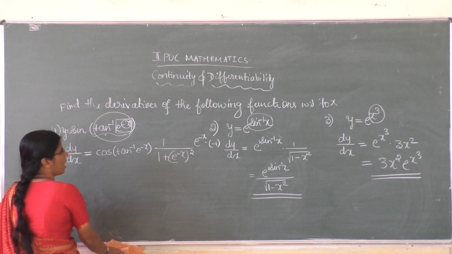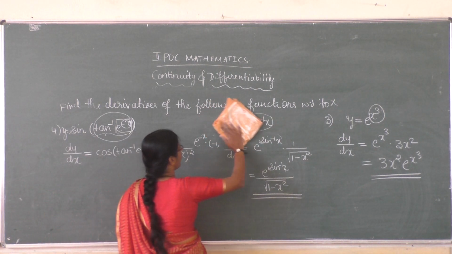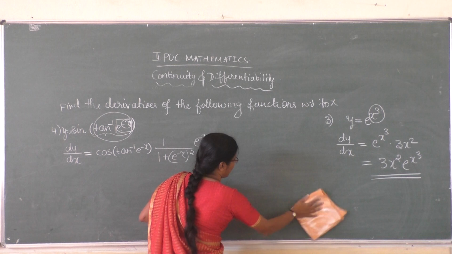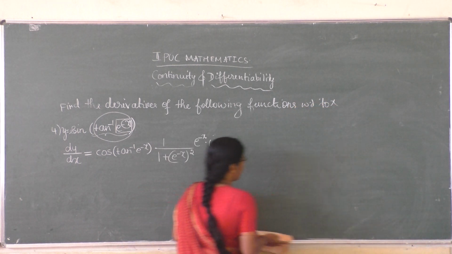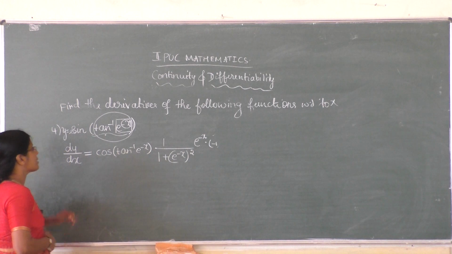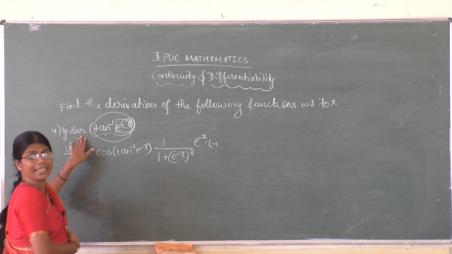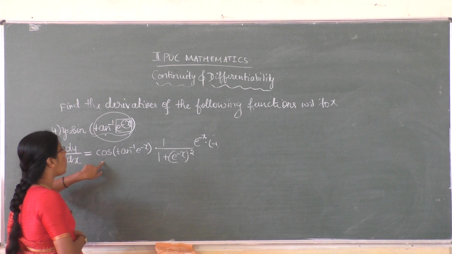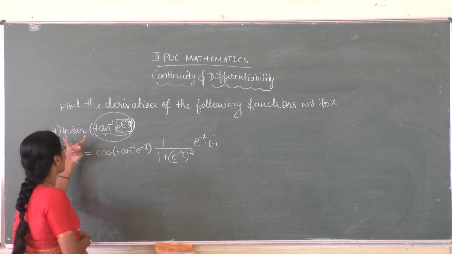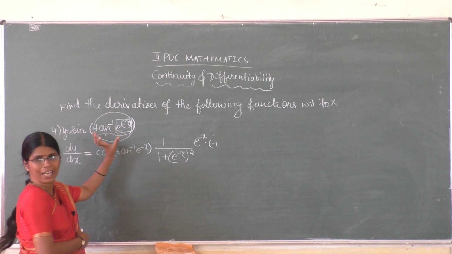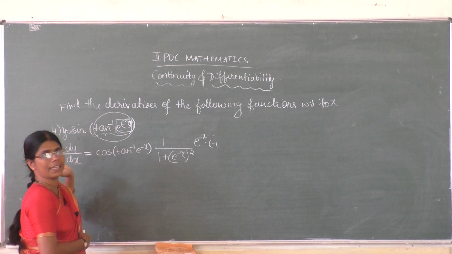So this is how we applied the chain rule, okay. Properly try to understand this, chain rule. So first, derivative of sine is cos of tan inverse of e to the power minus x. That means sine of some angle we have here, you have to write the same thing here, okay.